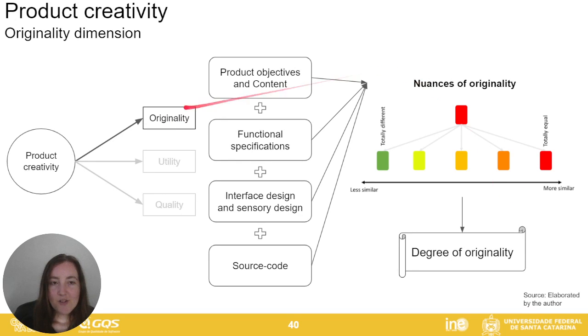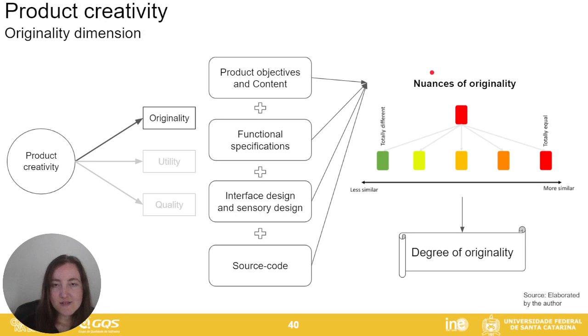Thus, the assessment of originality includes these four models, which are combined to provide a general degree of originality. Of course, originality can have many nuances, so we can have a result of a computational artifact to be considered very original, or on the other hand, it's too similar to what exists. And here we must be very careful what we mean by what exists.